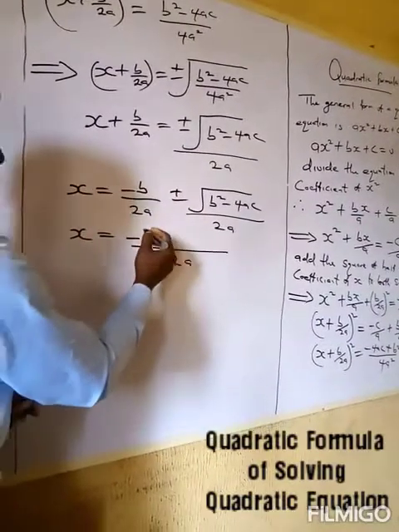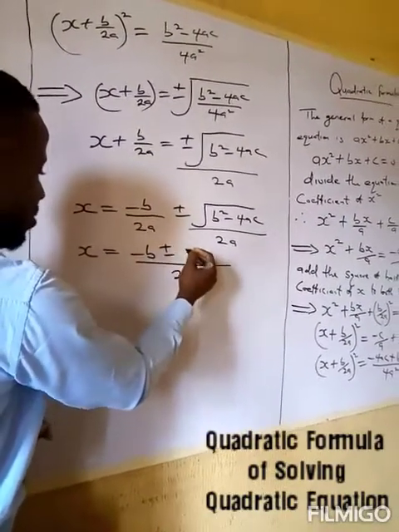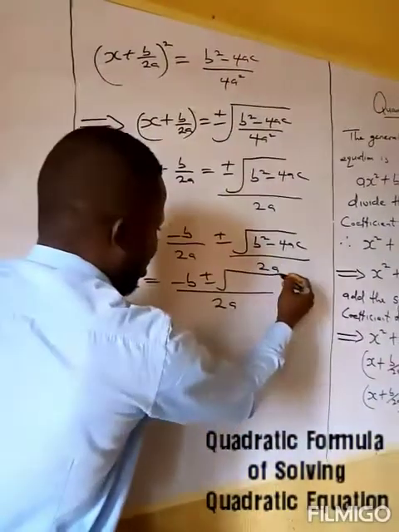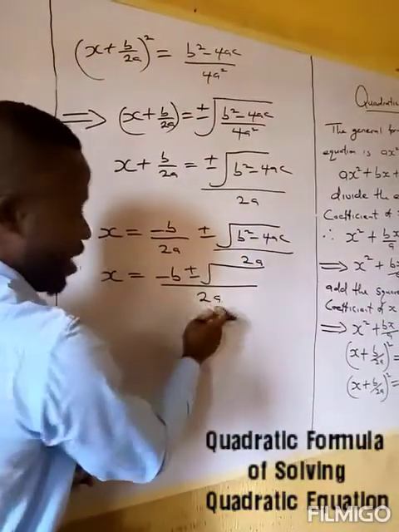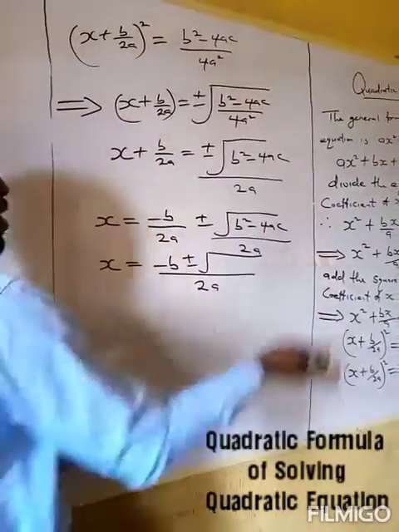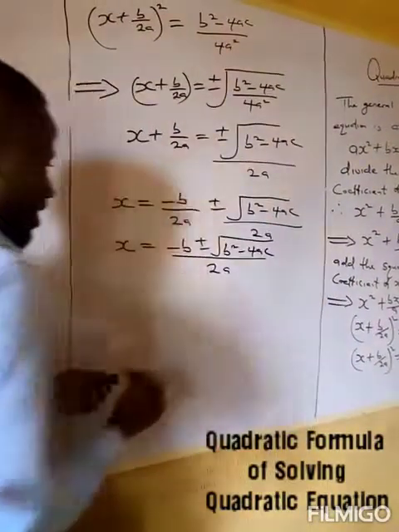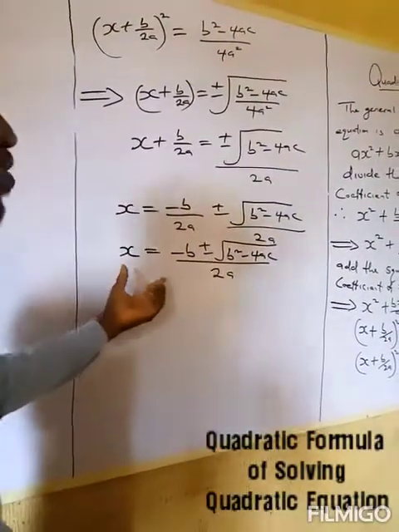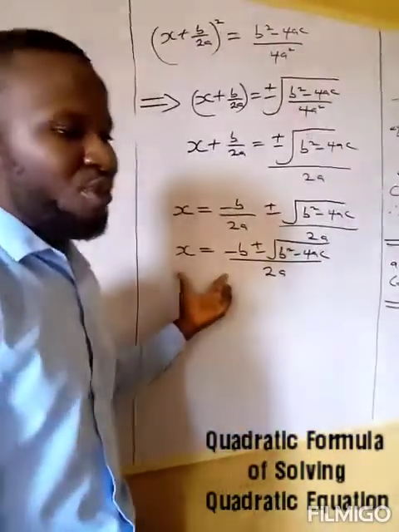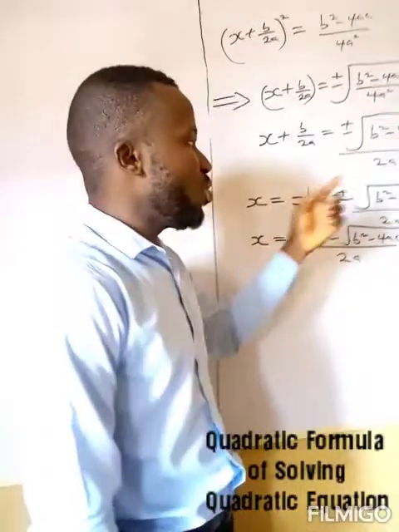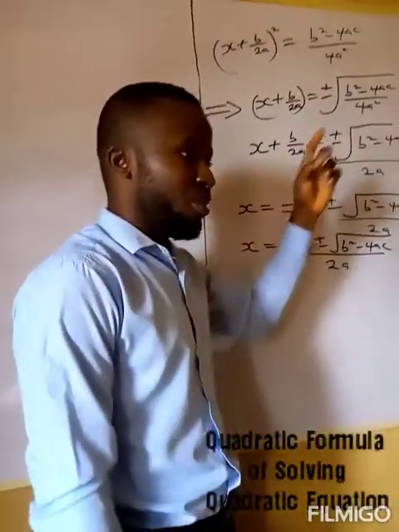Multiply it by minus b, we get minus b. Plus or minus root, 2a in 2a is 1. Multiply it with this, we still get b squared minus 4ac. Therefore, this is the quadratic formula of a quadratic equation.